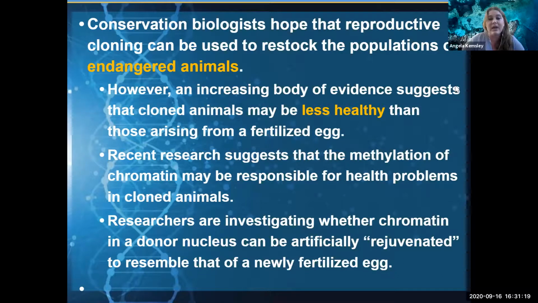And it's a good way of helping to restock the populations of endangered animals who just don't have enough individuals to repopulate on their own. So this is quite often done when populations are very small, or when for some reason we end up with mostly males or mostly females.